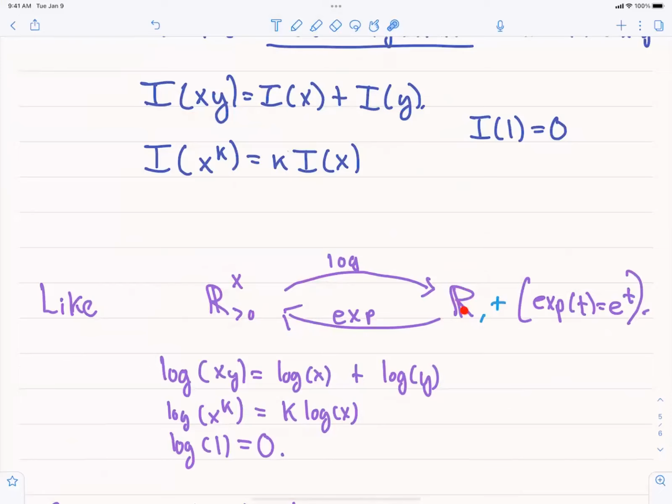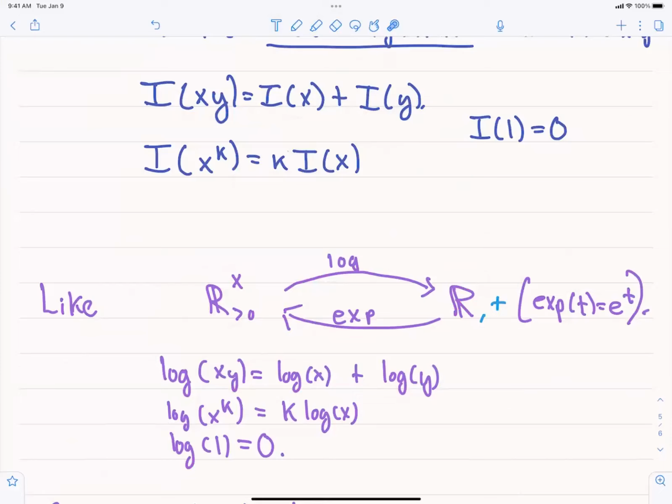So a logarithm is the inverse map of the exponential function, where by the exponential function, I just mean the exponential of t is e to the t. Okay, and here when I say log without any base, I mean log base e. And we have log of xy is log of x plus log of y. Log of x to the k is k log x. And log of 1 is equal to 0. So these are the standard properties of the logarithm for real numbers. They look just like the properties up here for the discrete logarithm.